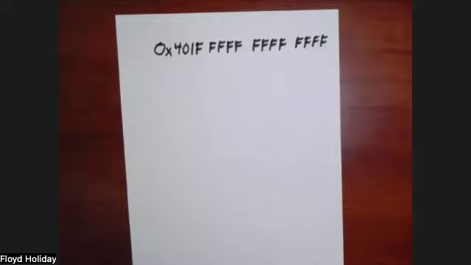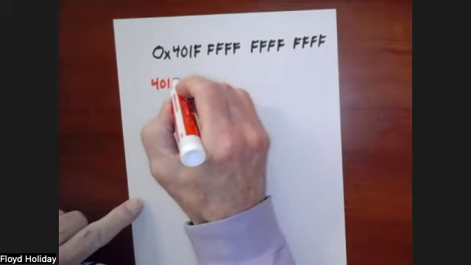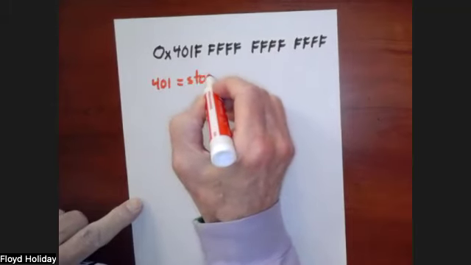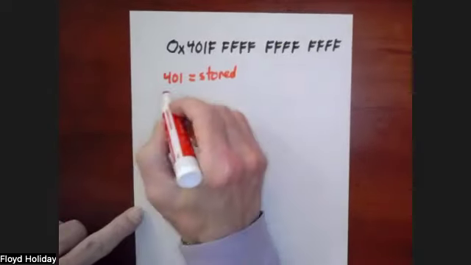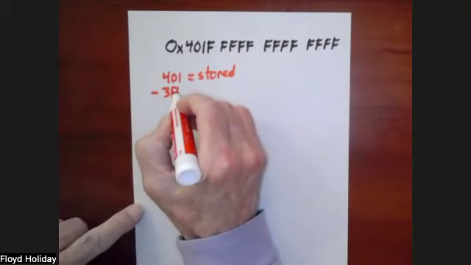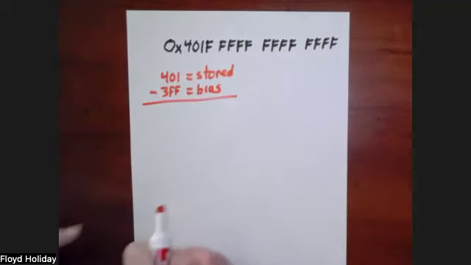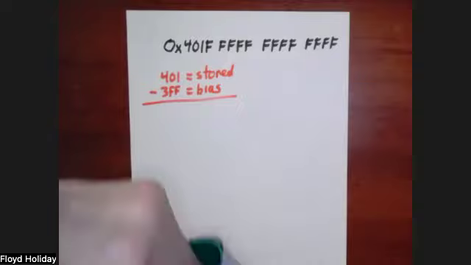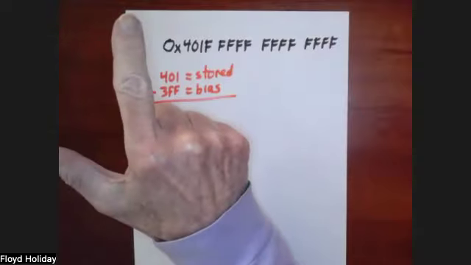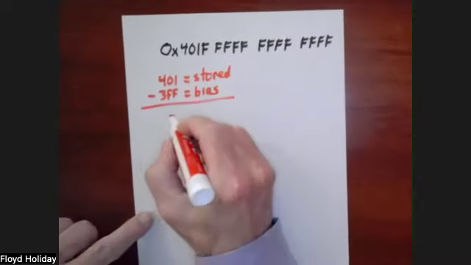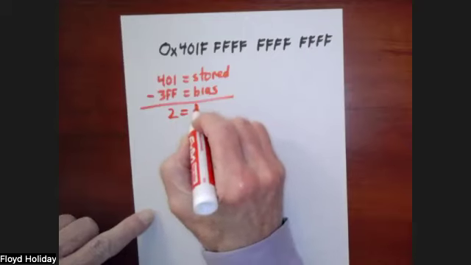It isn't even computing. 401 is the stored exponent. You have to know it. 3FF is the bias number. You subtract, but you count on your fingers. Starting place is 3FF. Next number higher is 400. Next number higher is 401. It's a distance of 2. That's the true exponent.